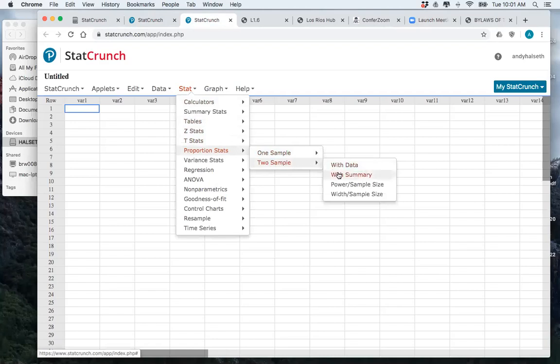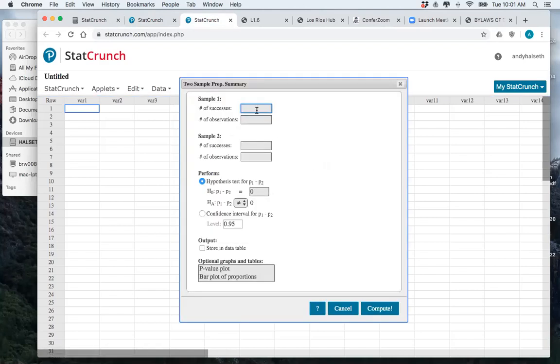Okay, proportion with summary. And these should all be whole numbers, which were given. So they're all the X1s and the N1s, right? So my sample 1 was 289 out of 340. Sample 2, 282 out of 300.